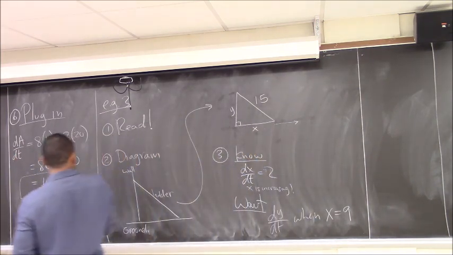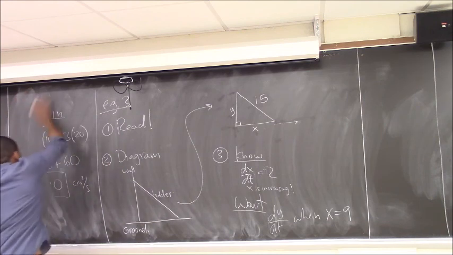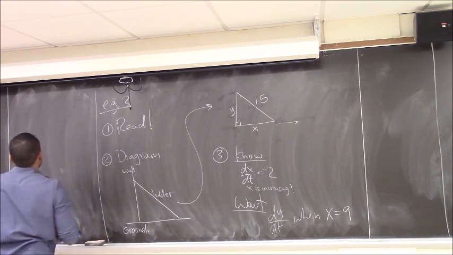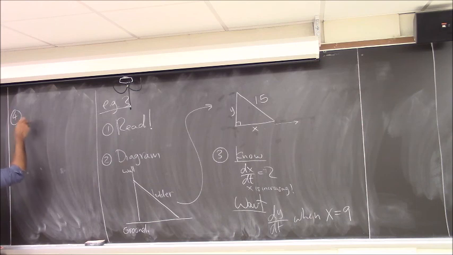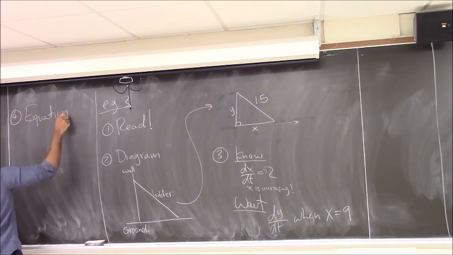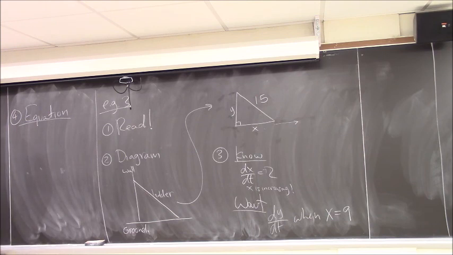In step 4, what's going to happen? We need an equation that relates all these variables. There are only 2 variables to worry about, x and y. What do you think? X squared plus y squared equals 15 squared, by the Pythagorean theorem.